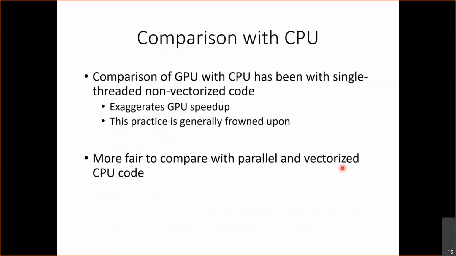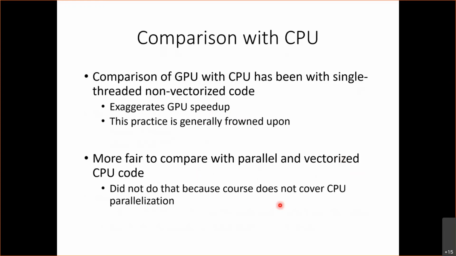We did not do this in the course, and the reason is that the objective of the course is not to focus on CPU parallelization, it's to focus on GPU parallelization. So I didn't want to trouble you with parallel computing on the CPU as well. This is something that you can cover in another course. Perhaps you've taken a course on this before, or you might take one later, after this course.